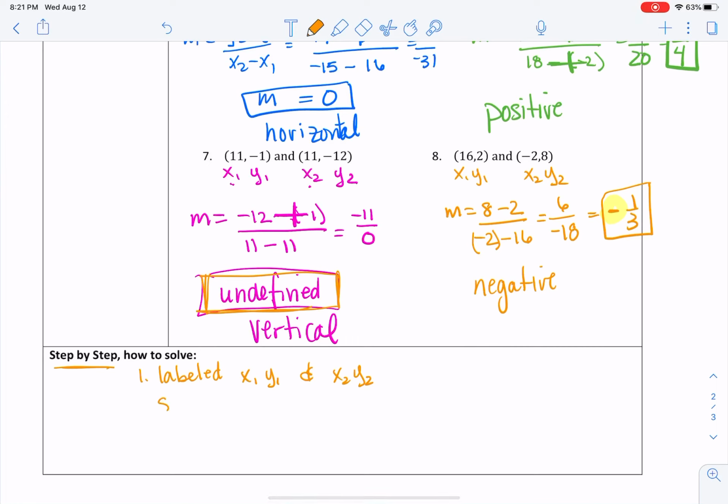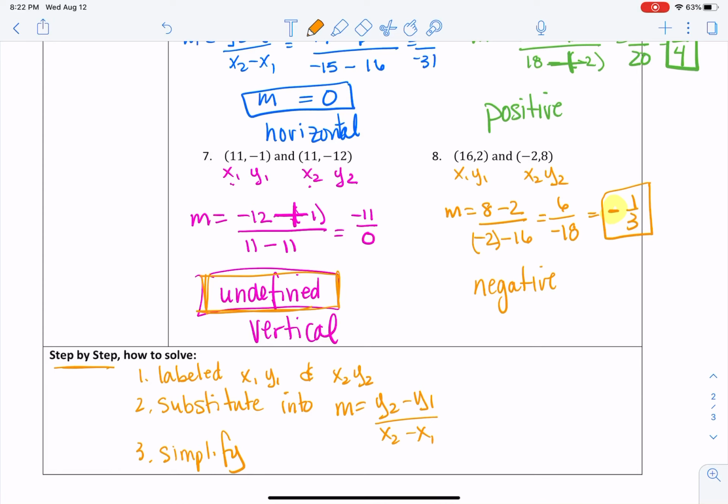We substituted into the formula m equals y2 minus y1 over x2 minus x1, and then we simplify. So that if you are asked to find the steps, that would be what they'll be. And that is how we find slope from 2 points.